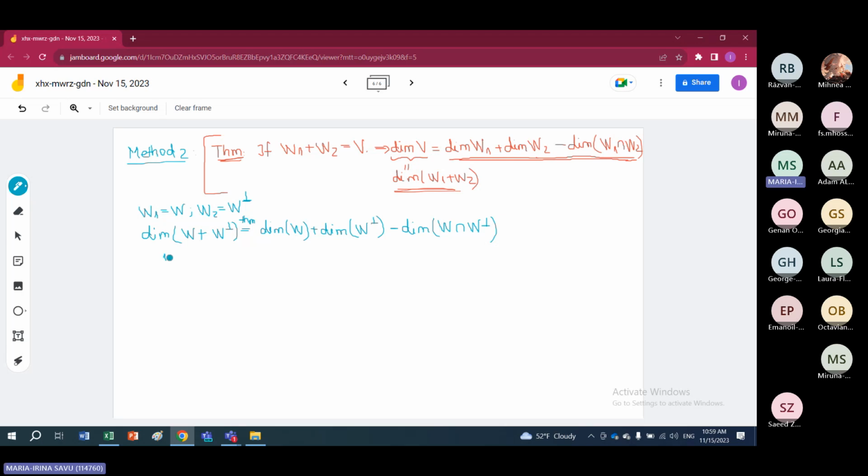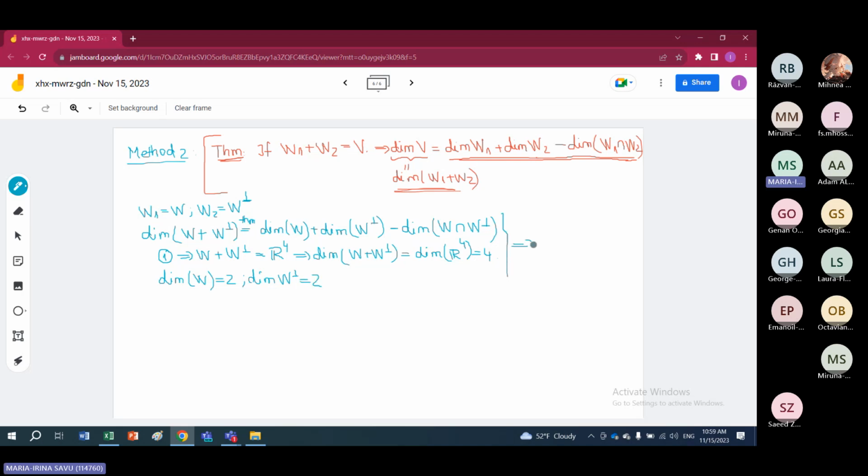At the first point, you have proved that W plus W perpendicular is R^4. So you know that the dimension of W plus W perpendicular will be the dimension of this space, which is 4. Also, you know that the dimension of W is 2, and the dimension of W perpendicular is 2.